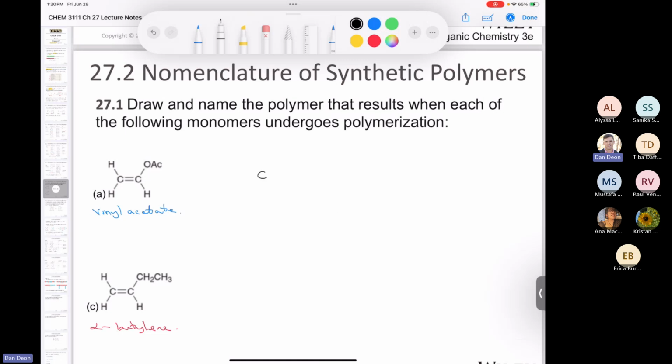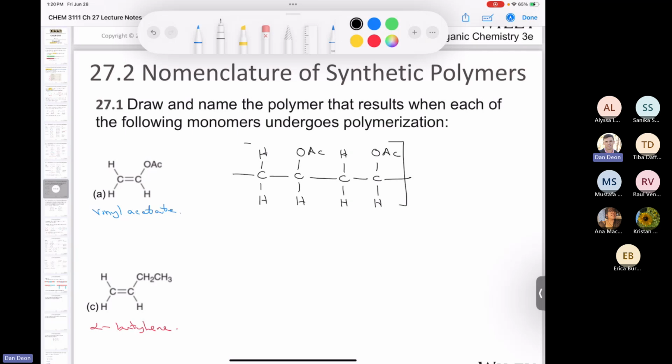So we're going to start with the first carbon, which has 2 hydrogens attached to it. Okay, and that's this one here. Then we're going to draw a single bond to the next carbon, which has the acetyl group, or the acetate group, attached to it. Now what we're going to do is repeat that. Okay, so we're going to do it again, and you can do it as many times as you want. I'm just going to do it twice, just in the interest of time. Even if you just did it once, that's totally fine.